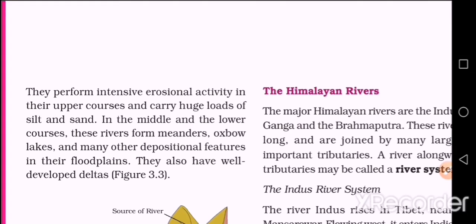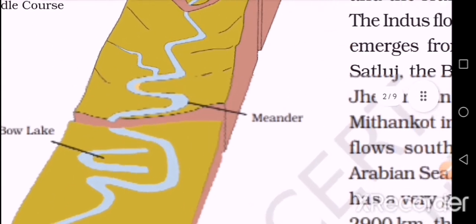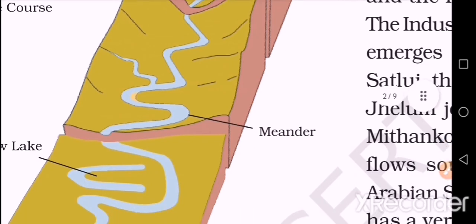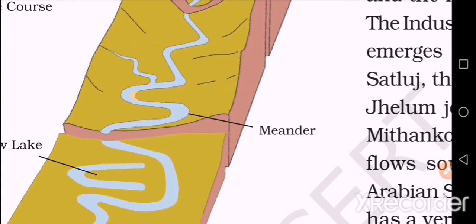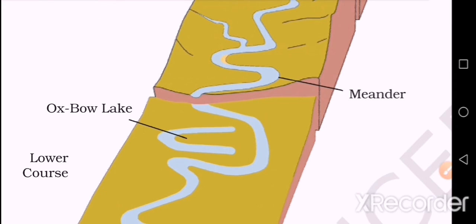In the middle and lower courses, these rivers make meanders and oxbow lakes. What are meanders? The curvy, S-shaped flow of the river is called a meander. When the meander flows faster, it cuts down and sometimes forms an oxbow lake. You can see the shape of that.